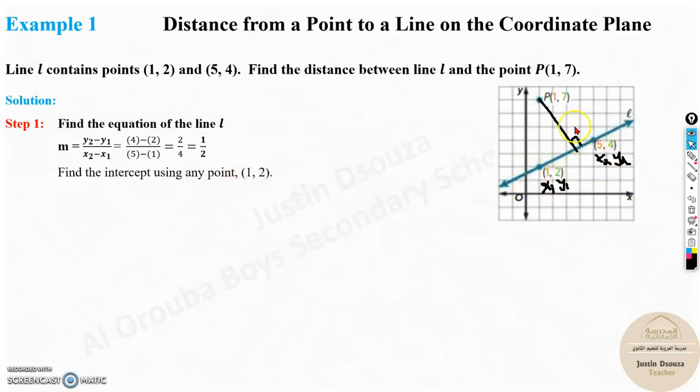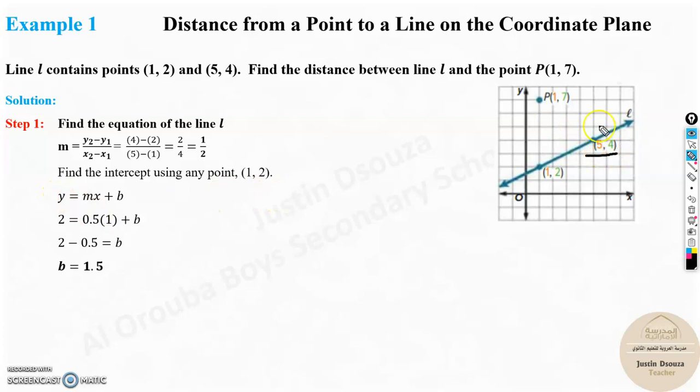Then you can use any of these points to find the intercept. We have done this before as well. It's up to you to choose. Over here they have used (1, 2), and you can solve and find the y-intercept, the b value. But I will use this point and I will get the same answer. I will just show it over here.